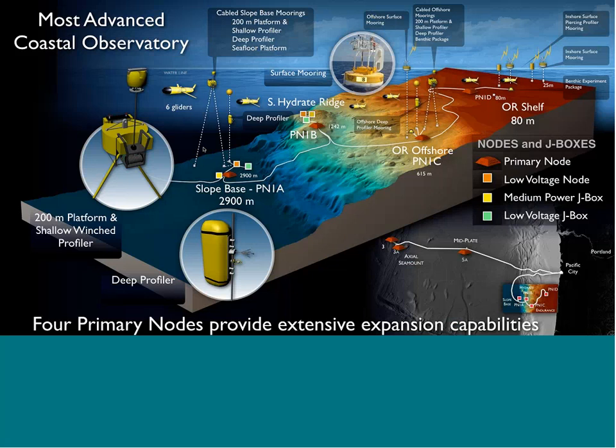There's also a series of 6 gliders that go off from Newport and then up to the Washington line off of Grays Harbor. This shows the cable infrastructure as well, and the location of the 2 different kinds of moorings. One is the 2-legged mooring, and then the single cable deep profiler. There's really no place else in the world right now that has this amount of infrastructure providing data on a very biologically productive area of the ocean.